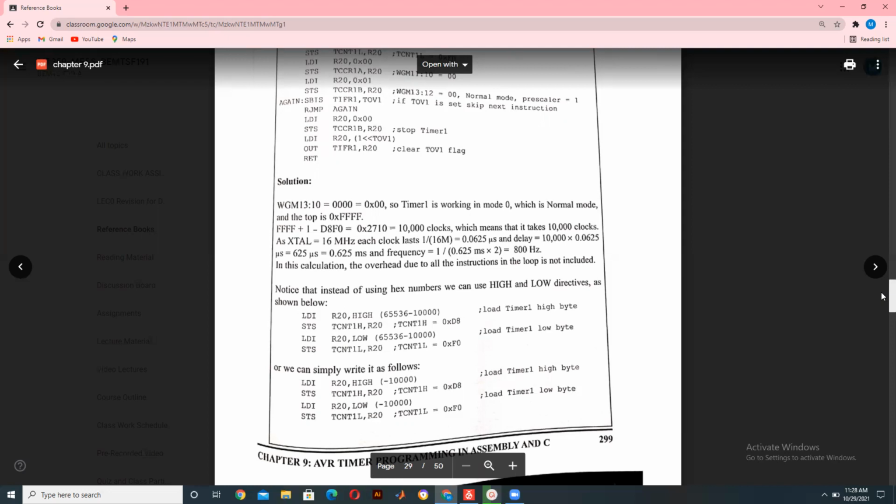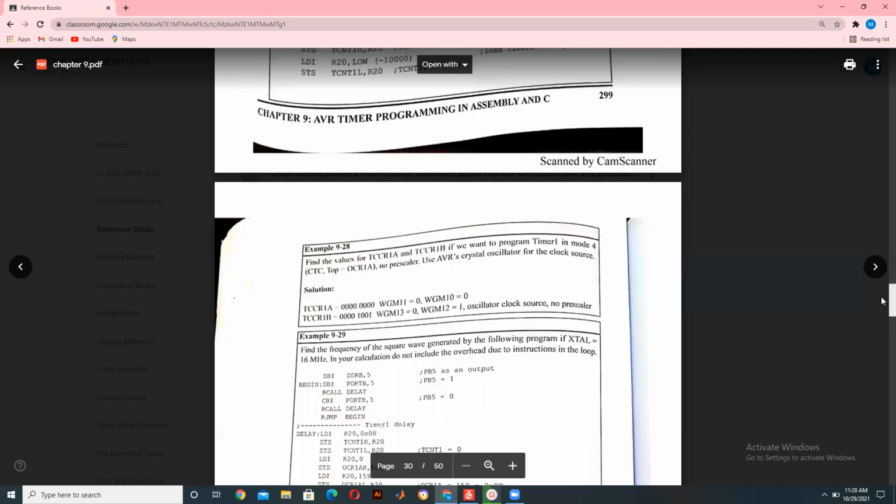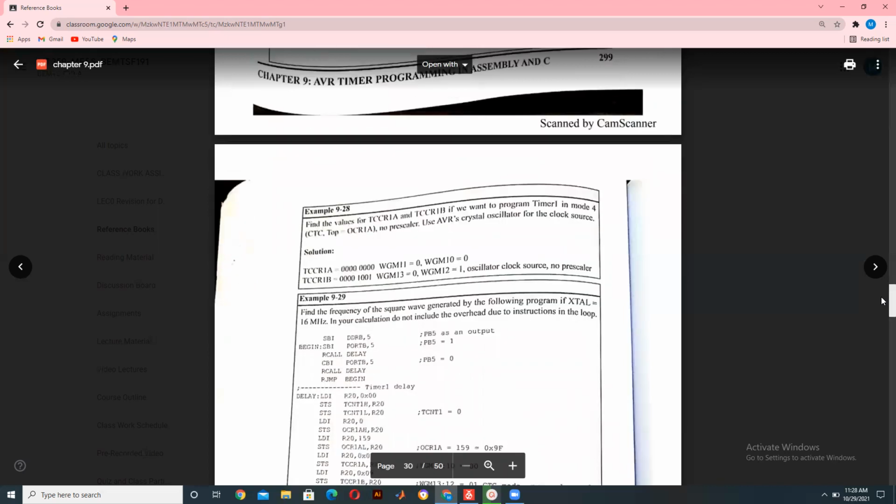Now we notice that instead of using hex numbers, we can also use high and low directives as shown below. Then we have example 28, where we have to define the value, and this time it is in mode 4.